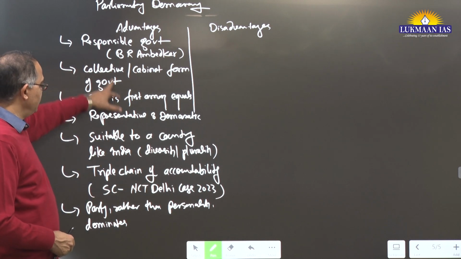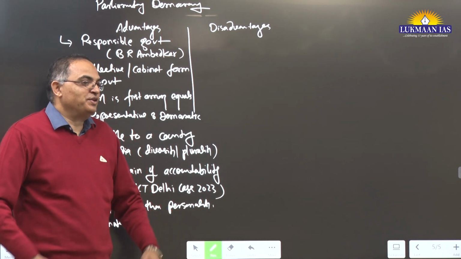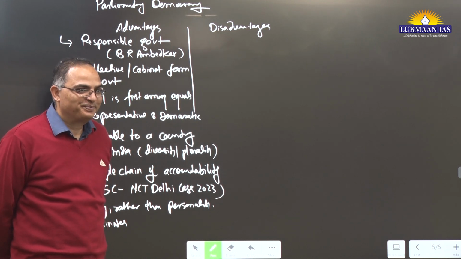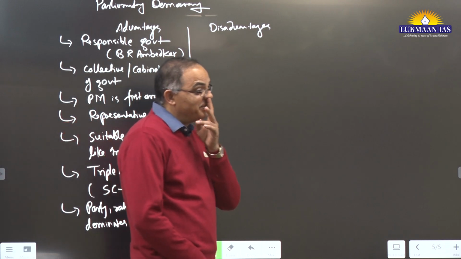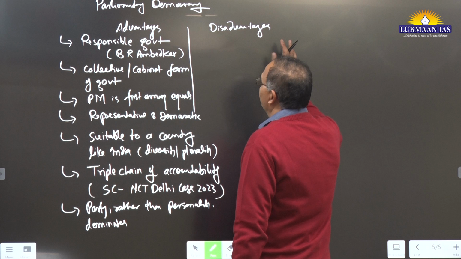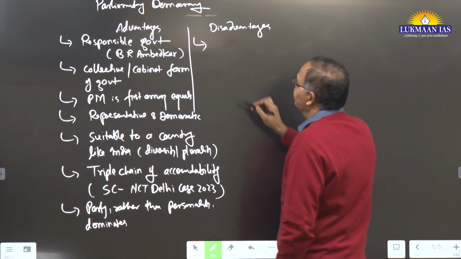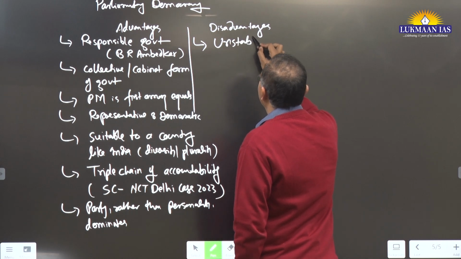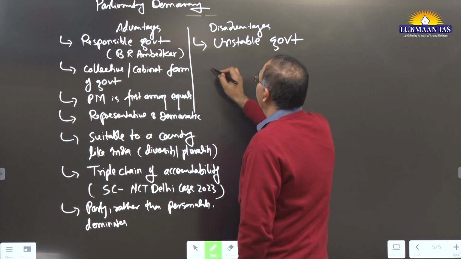We think that these advantages will ensure that the parliamentary system does not experience an authoritarian type of government. But is it really so? We have to compare. Anyhow, what will happen when it is a collective type of government? Yes, the first point is called unstable government.